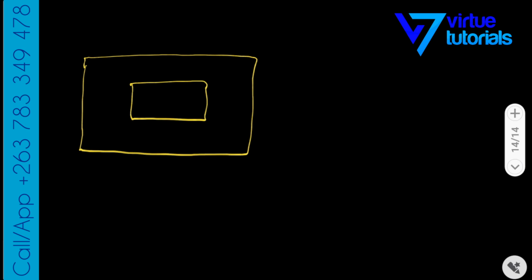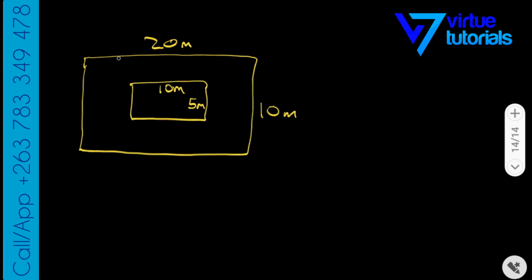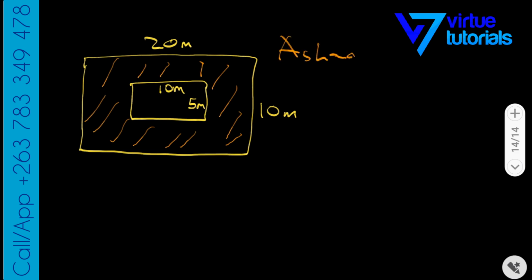In the small rectangle, you have 10 and 5. This is meters, meters. And on the outside, you have 20 meters, and then you have 10 meters. Right? And then you are asked to find the area of the shaded part.